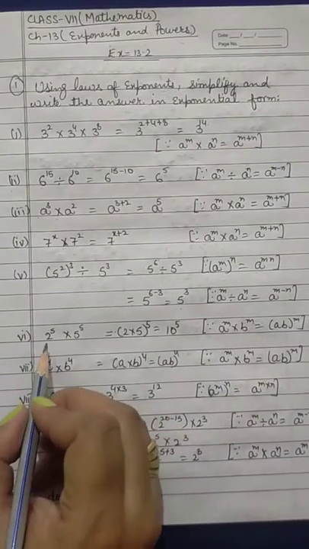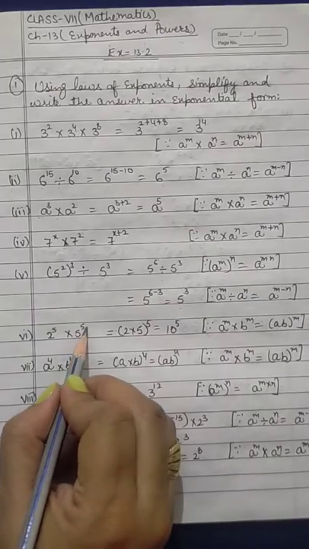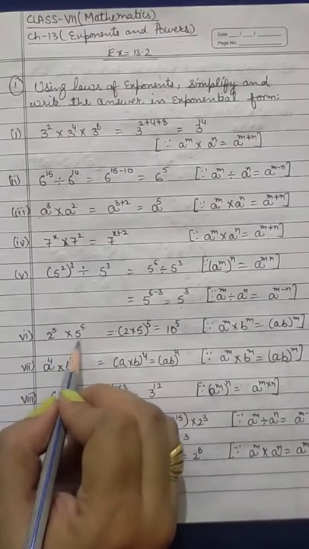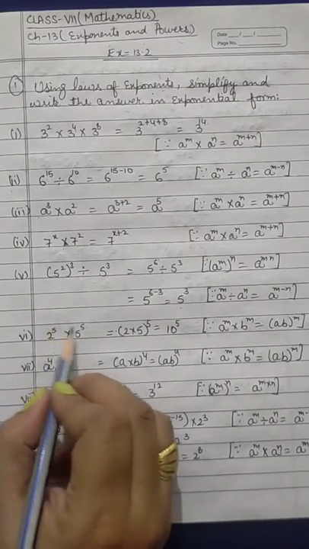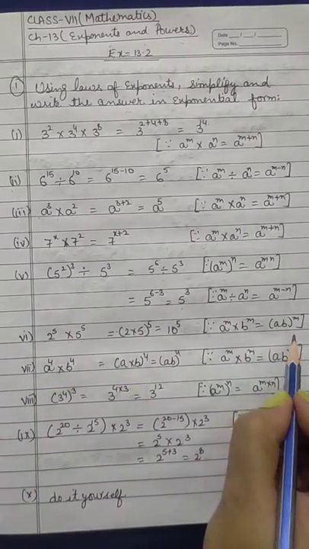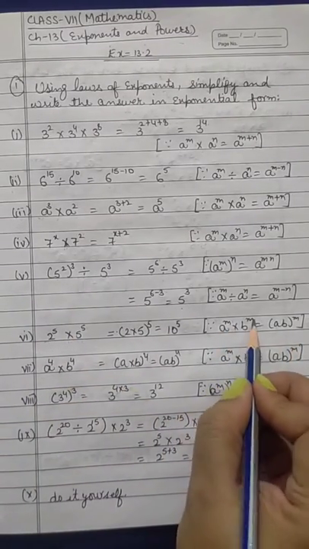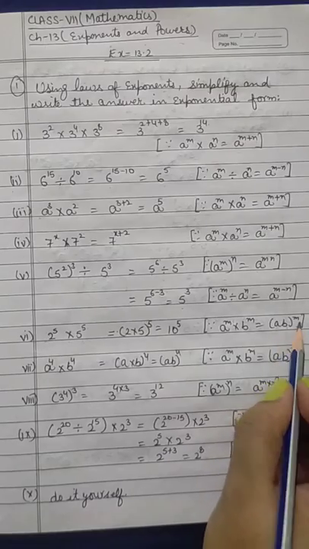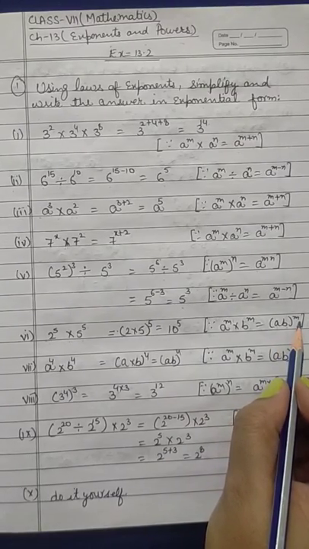See, the next part we have 2 raised to power 5 multiply 5 raised to power 2. The bases are different, multiply sign and the powers are the same. We use the law a raised to power m multiply b raised to power m is ab raised to power m, the complete power m.